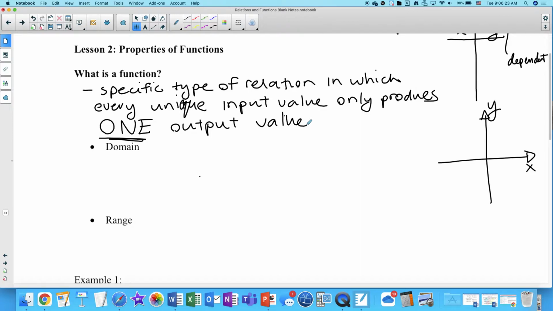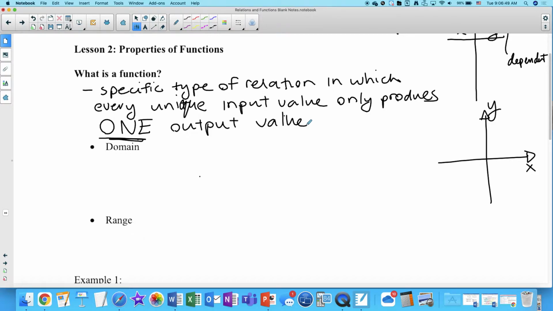The output values or the y values are dependent on the input values. And so when you talk about functions or function notation, which we're going to talk about towards the end of the class, we are communicating that dependency. We're showing that the output value depends on the input value, on the uniqueness also of the input value.